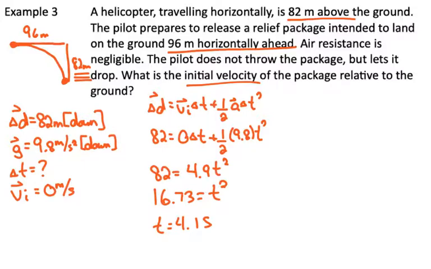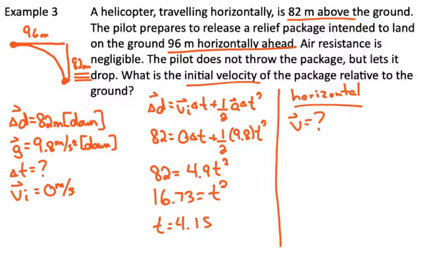Now we can go back and figure out how fast horizontally this helicopter is flying. What we know horizontally is, in a projectile, a horizontal velocity is constant, which means we can use one of the simpler equations.